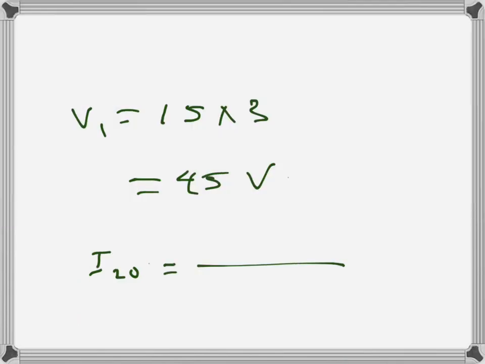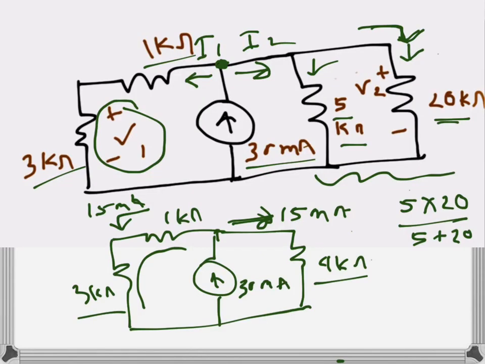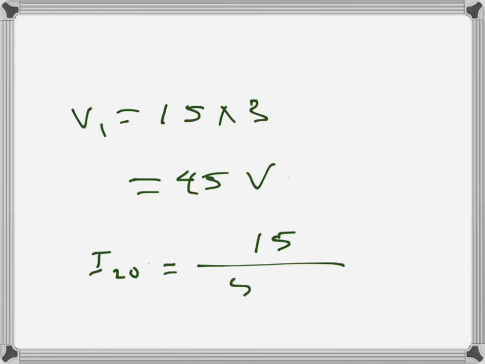So that will be the total current, which is 15 milliamps, divided by the sum of the two resistances of the two parallel paths, 5 kilo ohms and 20 kilo ohms, so 5 plus 20, and multiplied by the other resistance. Since we are trying to find the current through the 20 kilo ohms resistance, we will multiply by the other resistance, which is 5 kilo ohms.